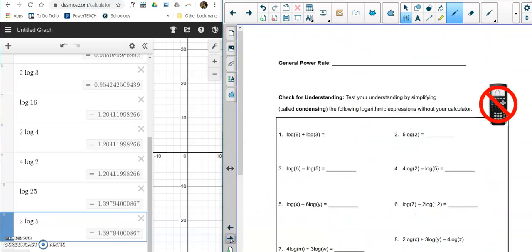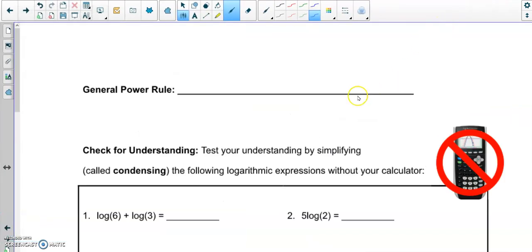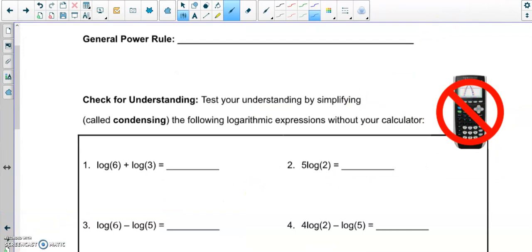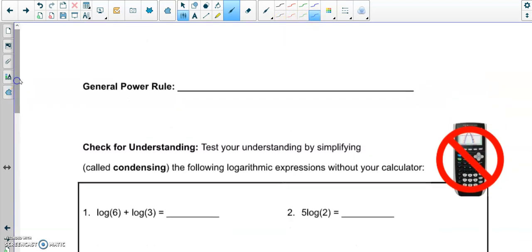Okay, and now with that, I want to write down the general rule for you. Here's the general rule, and again, just like each of the other rules, this works in both directions.